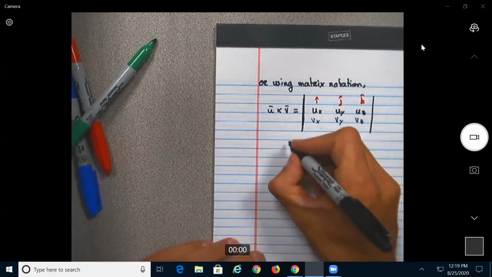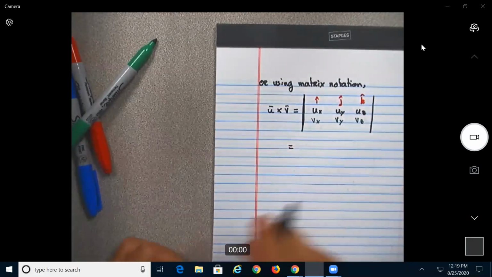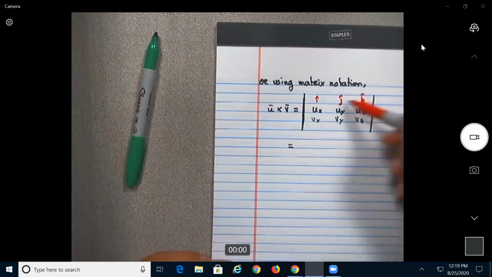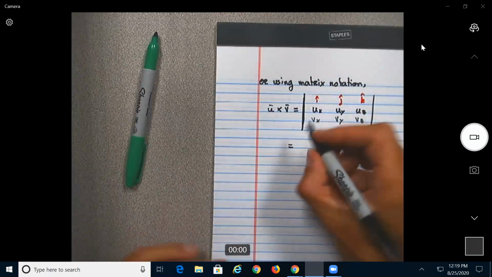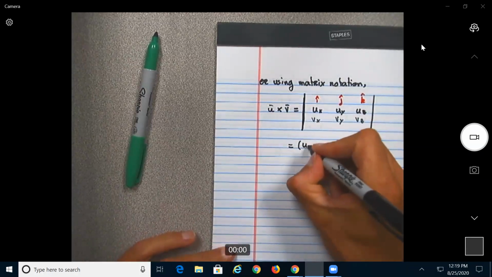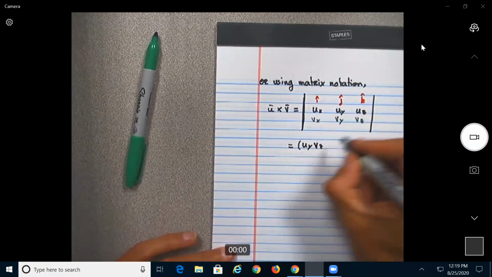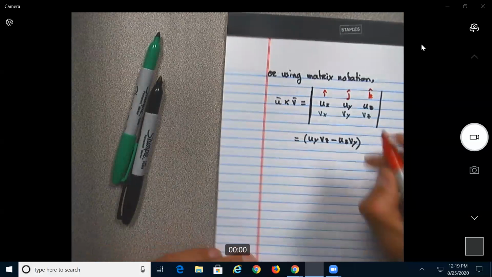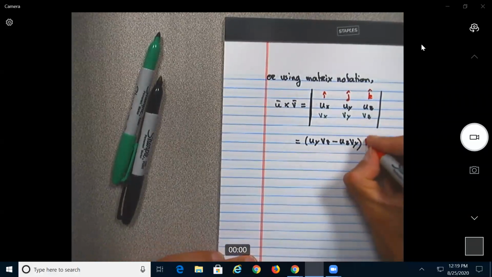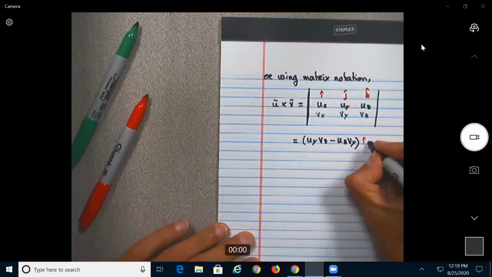Okay, so what do you do? You cross the first one now. For the I, you cross this one, so you get what? Uy Vz minus Uz Vy, and this will be the I component. Now here, this is the only thing which is a little bit different. When you go from one to the other one, you need to switch signs, no?